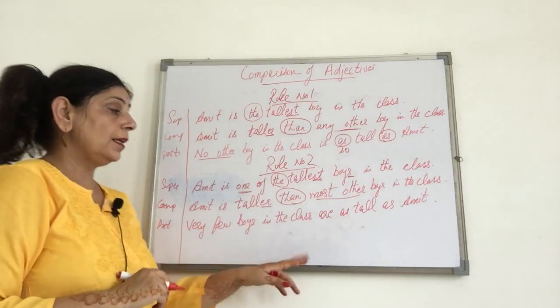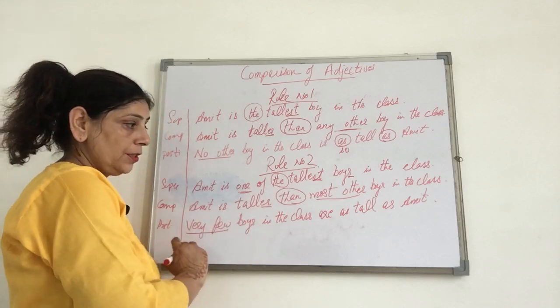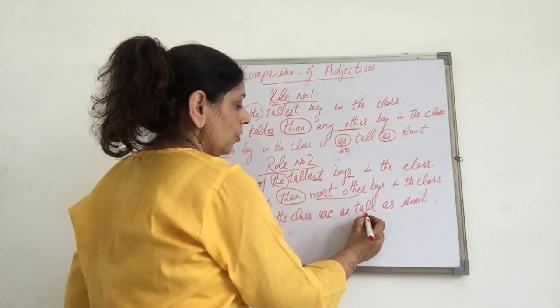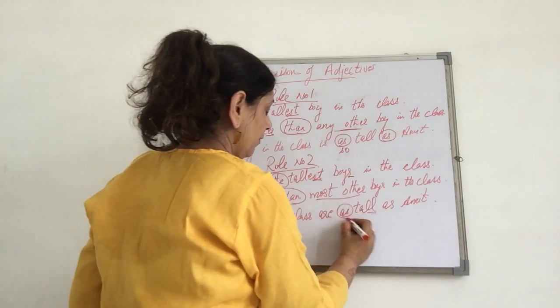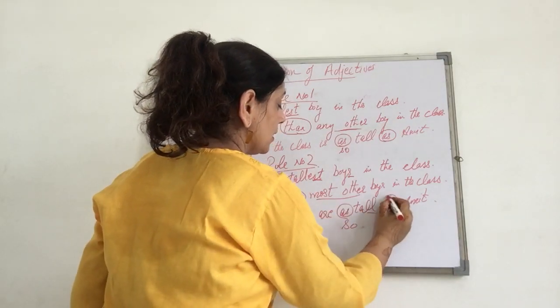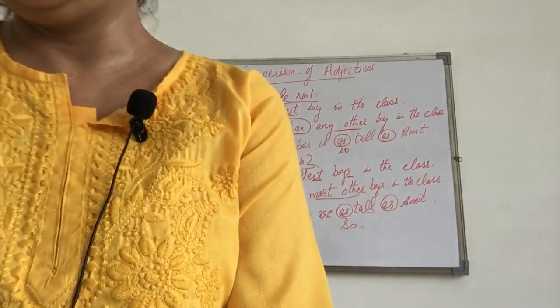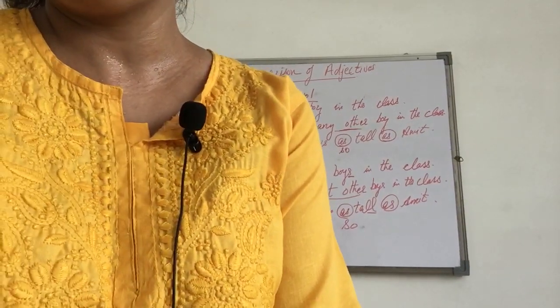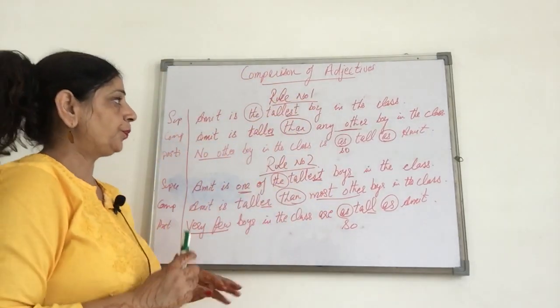Very few boys in the class are as tall as Amit. Very few for positive degree. Tall is, you know, the positive degree word. Here we can use the word so, and this is the compulsory word of positive degree which I have already told you. Now let me explain the comparison between the two.